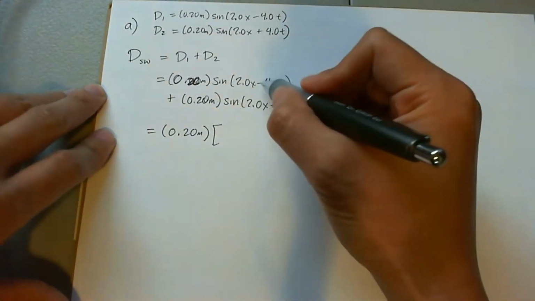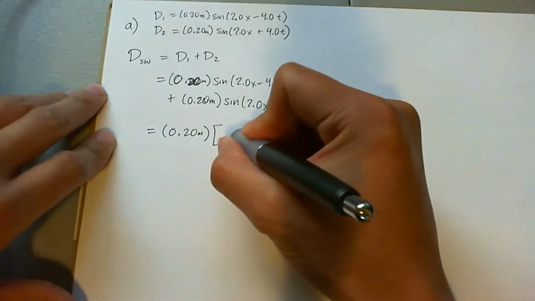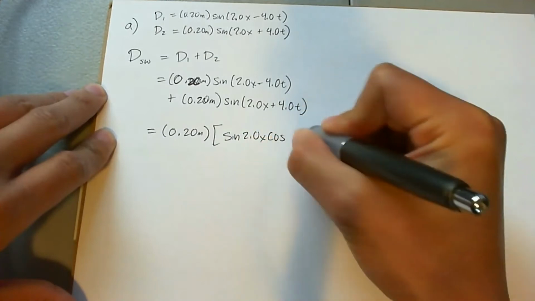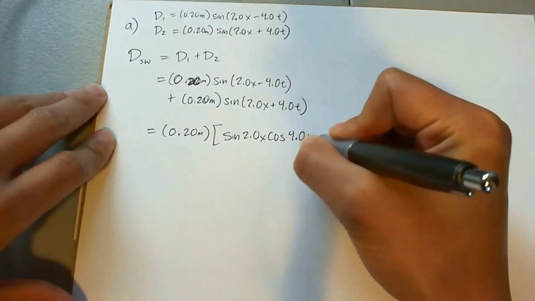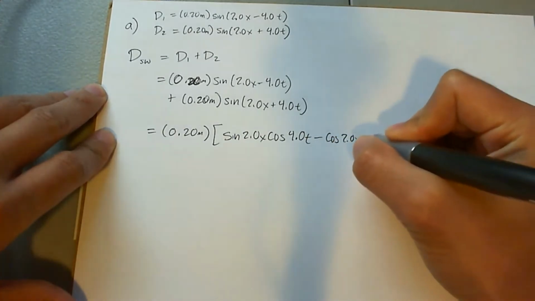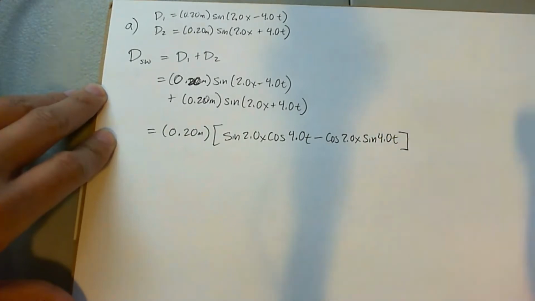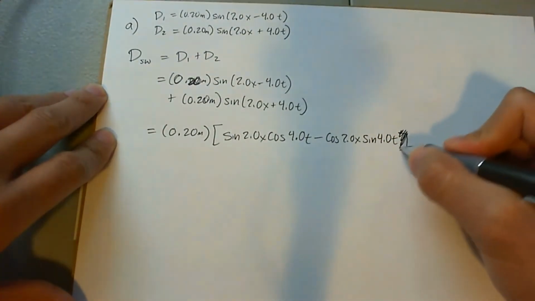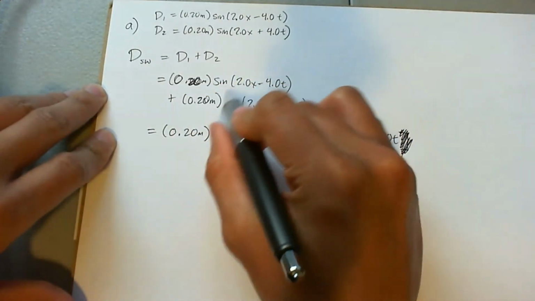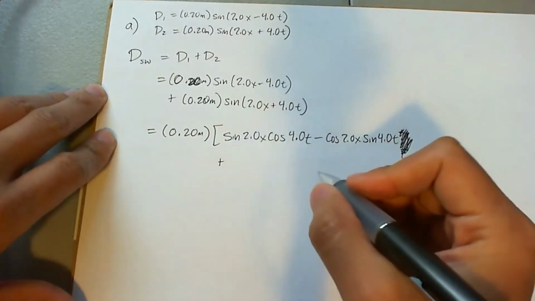So it so happens that if you have a minus sign between the two terms in the argument of the sine, you will have the sine of the first argument times the cosine of the second argument minus the cosine of the first argument times the sine of the second argument. Oops, and not closed yet. And now we're adding it to the second function, and that's going to be then plus.